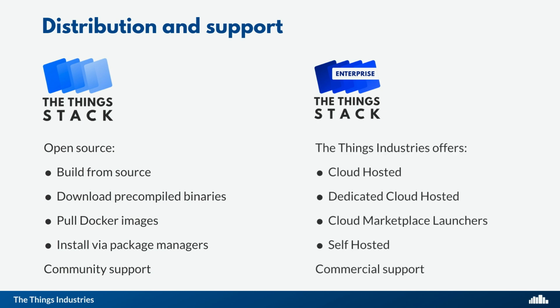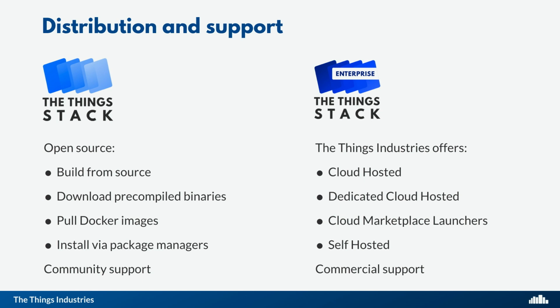The Things Enterprise Stack is a commercial offering. We have four different distributions. Cloud hosted, which is operated by us on shared infrastructure. We have dedicated cloud hosted, which is dedicated cloud infrastructure for you as a customer. We have our cloud marketplace launchers, and we launched one already with AWS Marketplace.